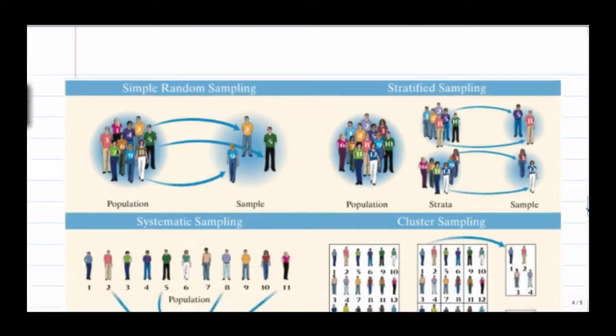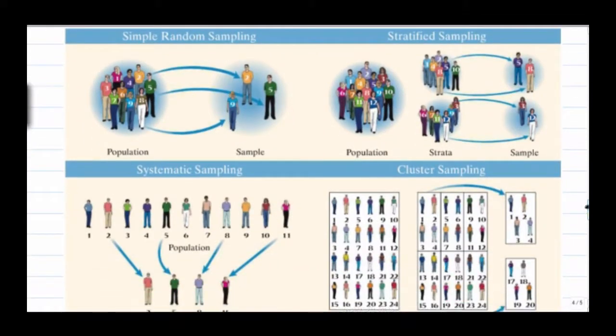There's a great picture in your textbook that distinguishes between the 4 common types of sampling. Simple random sampling: here we've got them numbered off 1 through 9, and then we randomly select a few of them. In stratified sampling, you first break the population into groups, so they were broken into 2 groups, and then I chose some out of each group.